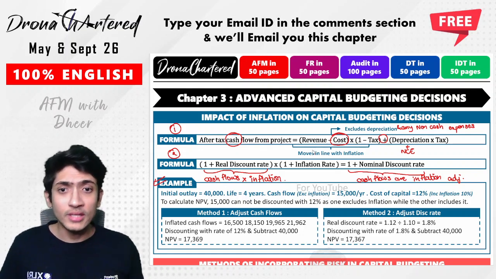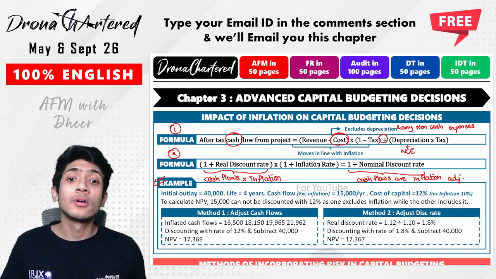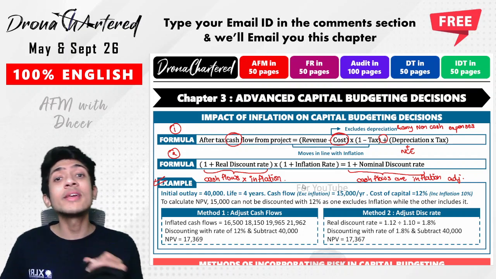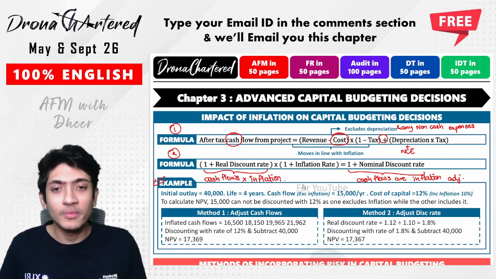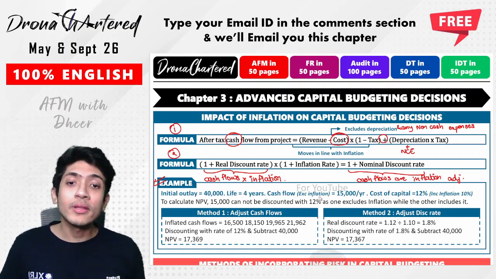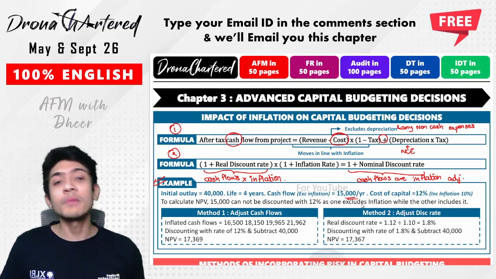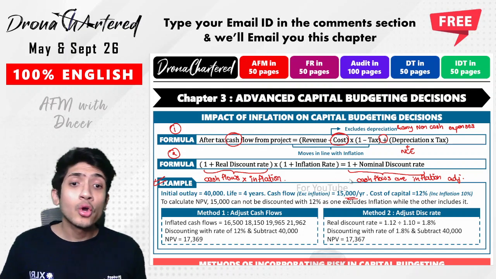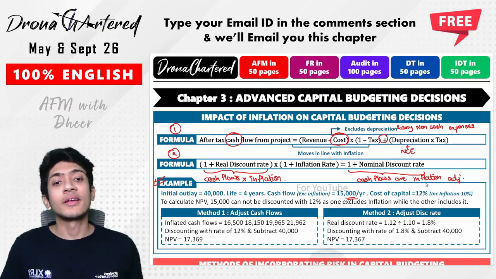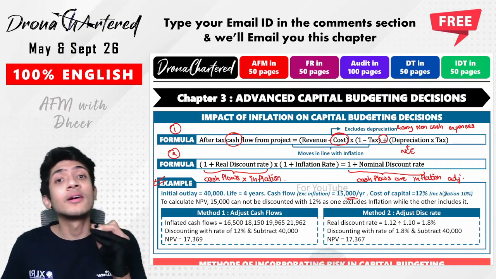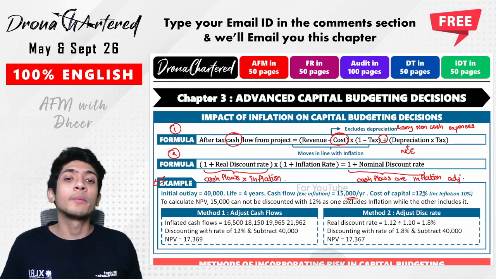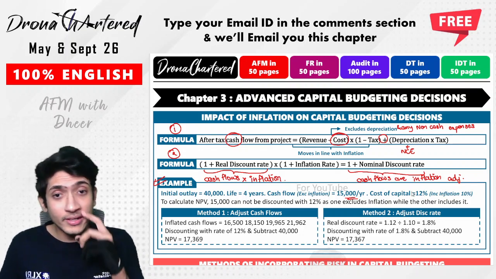Initial investment is 40,000. Cash flow they've given excluding inflation is 15,000 per year. Cost of capital is 12%, but over here this includes inflation of 10%. Are you seeing what they did?